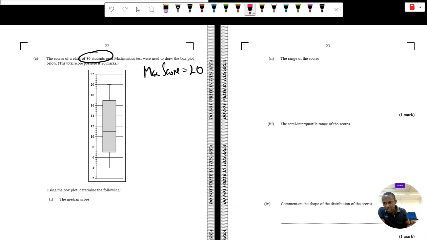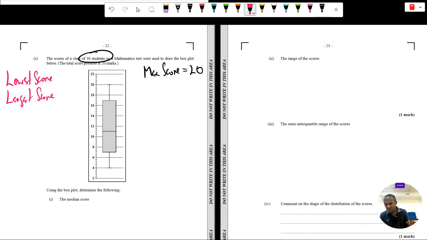A box and whisker plot is supposed to show the lowest score. It is also supposed to show the largest score. And of course, by largest and lowest, we mean the largest and lowest scores obtained, not necessarily the maximum score of 20, right? All right, lowest and largest score.